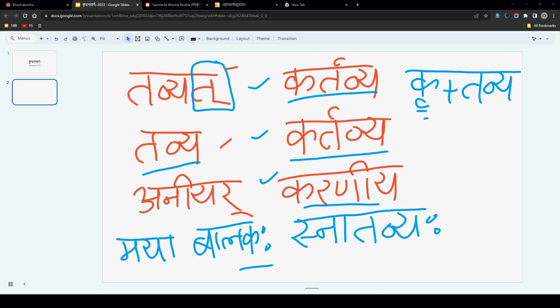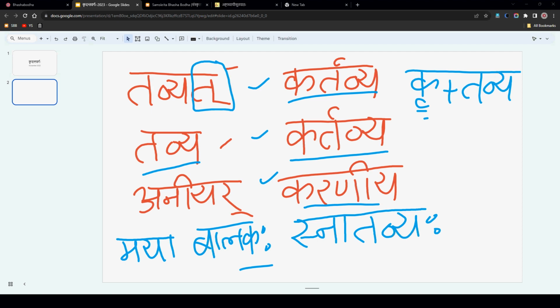Then in the sense that the act needs to be done. Snatavya, Karaniya, Kartavya, to be done. Snatavya, to be bathed. Gamaniya, Gantavya, to be gone. Agantavya, to be arrived. Agantavya, Agamaniya, etc.